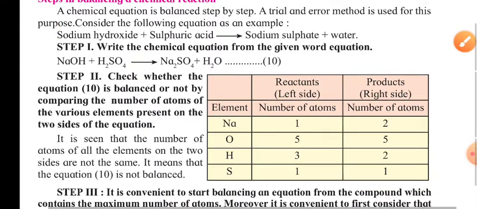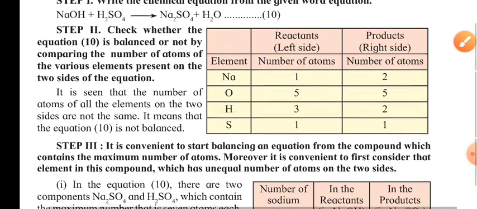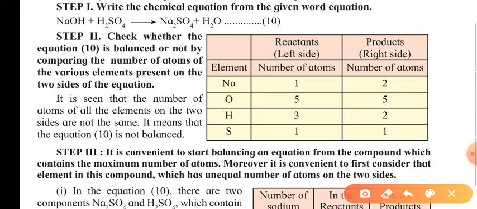After that, the next step is to check whether the equation is balanced or not by comparing the number of atoms of the various elements present on the two sides of the equation. Now for sodium, on this side we have only one sodium and here two sodium, so we write 1 and 2.